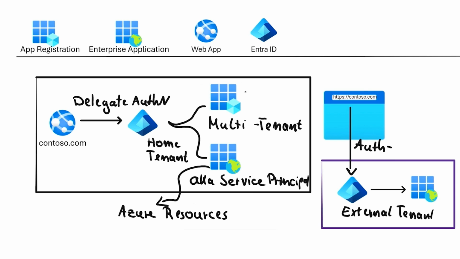There will always be one per app registration, per application, but you will have for each tenant where your application is used, where users ever logged in at least once, one service principal in each of those tenants. And there's always a one-to-many relationship to these different objects.